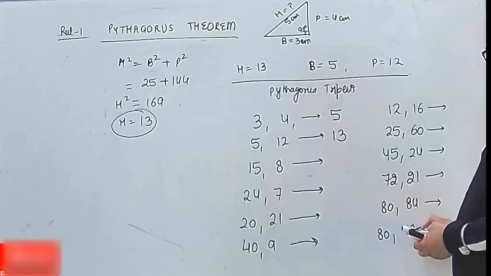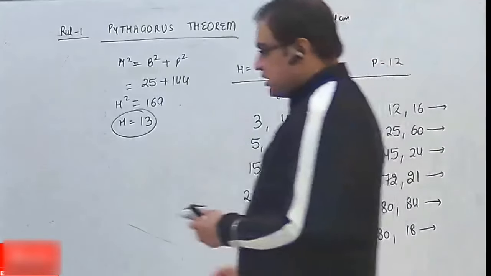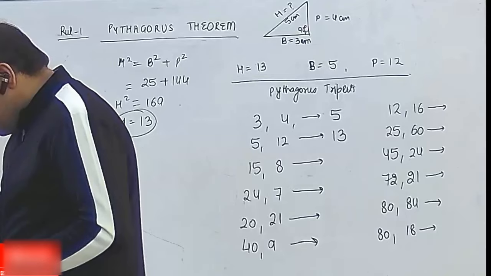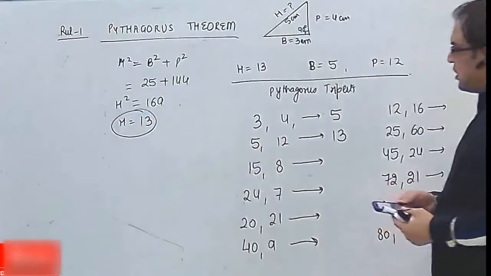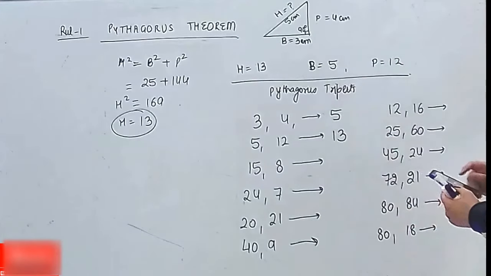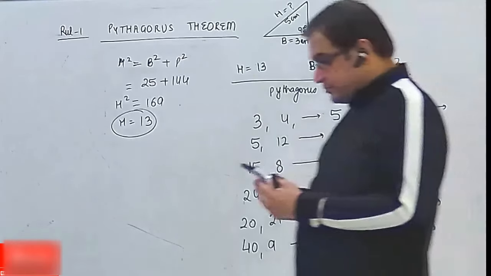And 80 and 18 will be what? So kindly write down all the answers in the comment section. What all are the right answers? Okay, Jyoti says 13, Kavita 13, very good. 13 was the right answer in the earlier question. So 5 and 13 we have got, but try to find out the next values.